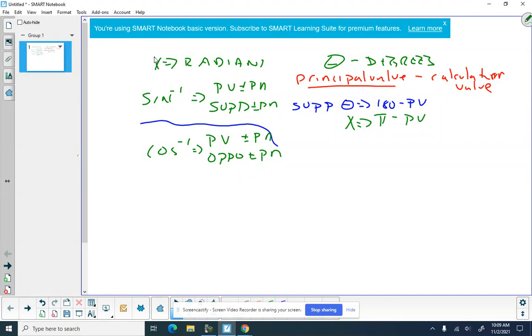When you go down to the bottom, you have 360 divided by your b value, or I'm sorry, when you're in theta, we have 360 divided by b. When we are in x, we have 2 pi divided by b. Once again, division can be written either way, with a fraction bar or with a division sign. A little bit easier when you have the fraction there.